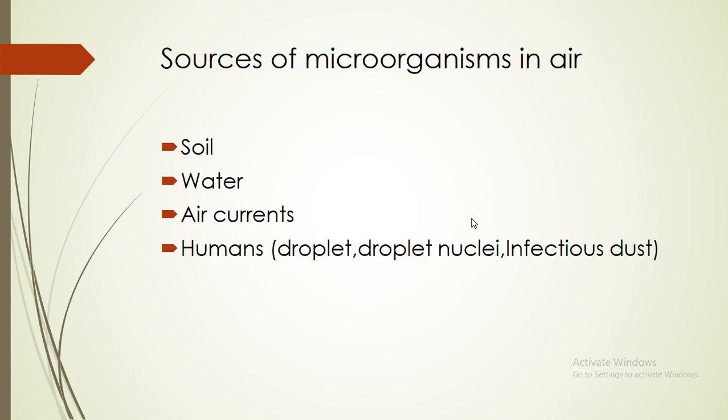Similarly, commensals as well as pathogenic flora of the upper respiratory tract and the mouth are constantly discharged into air by activities such as coughing, sneezing, talking, laughing. The microorganisms are discharged in three different forms, according to size and moisture content.